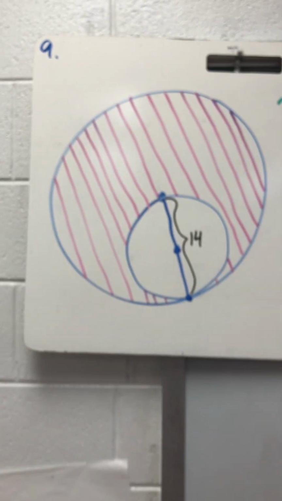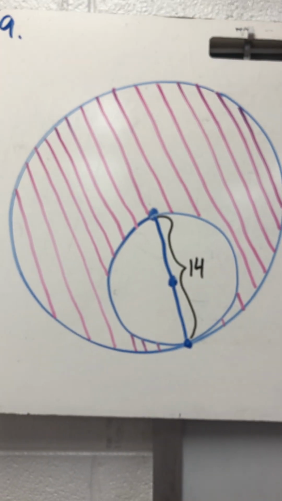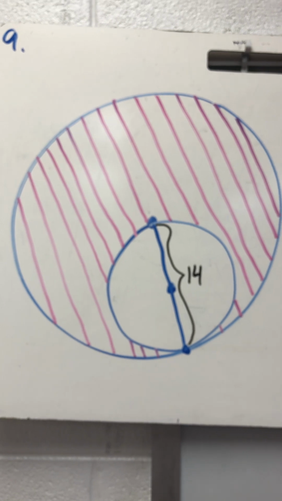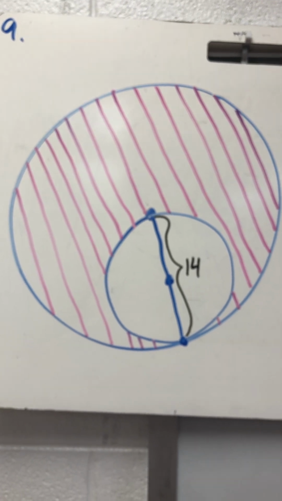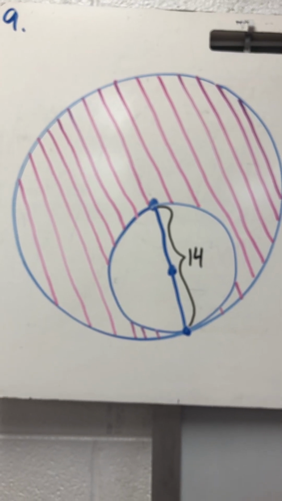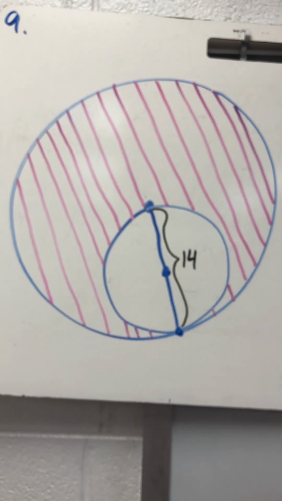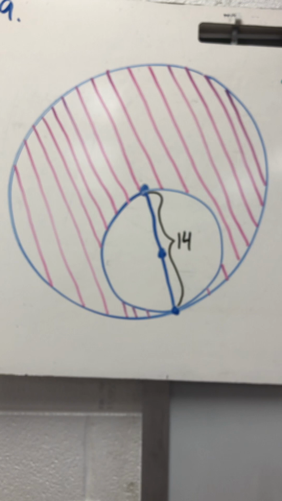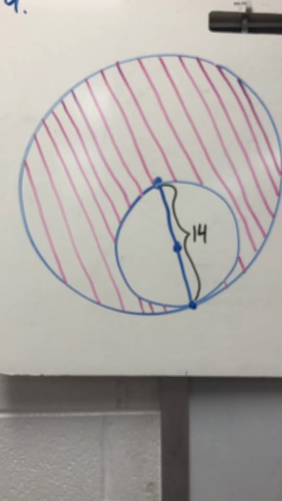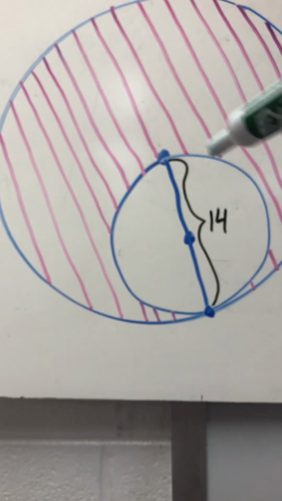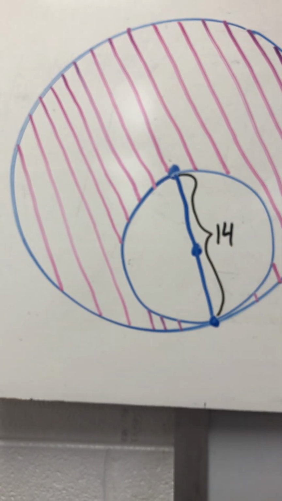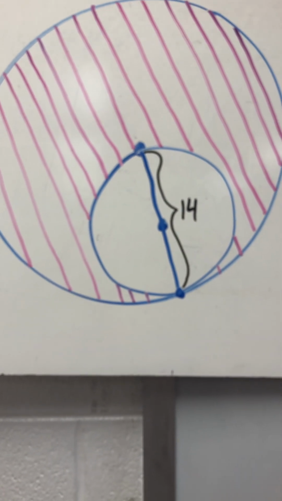The last type of problem we're going to look at today is a circle within a circle. Now, we're going to look for the striped area. What is the area of the striped region? So, do you see this 14 here? 14 is actually the diameter of the smaller circle.